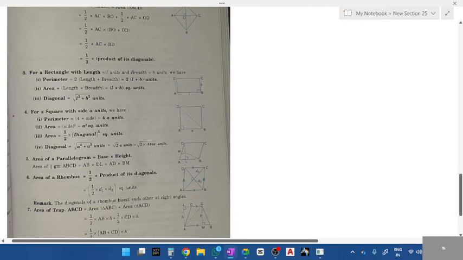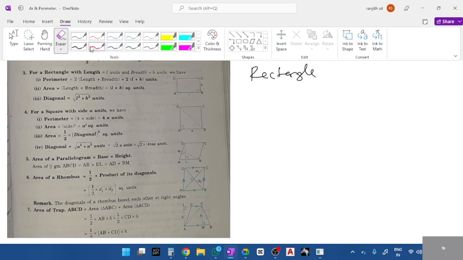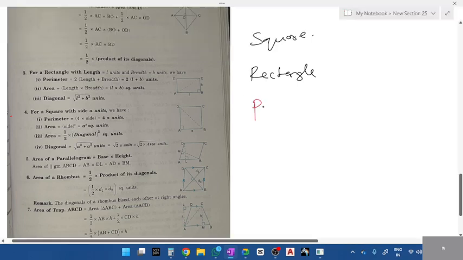Look here, I'll teach in this order. Always start with square first. Make a note of this, students. Start with square. It's easy to remember in this order: square, rectangle, parallelogram, rhombus, trapezium.